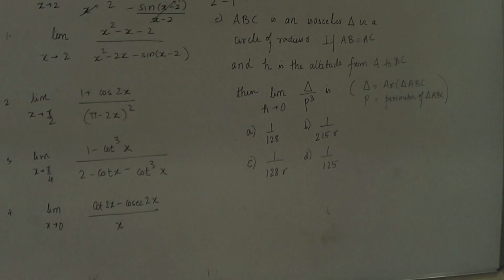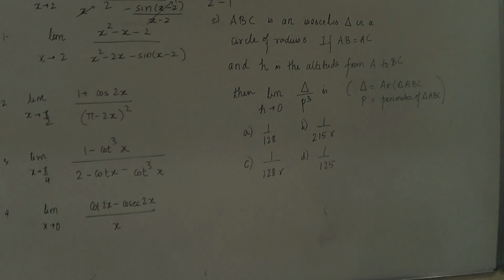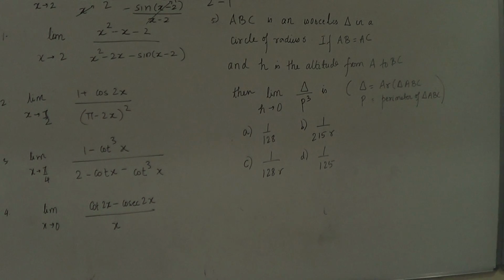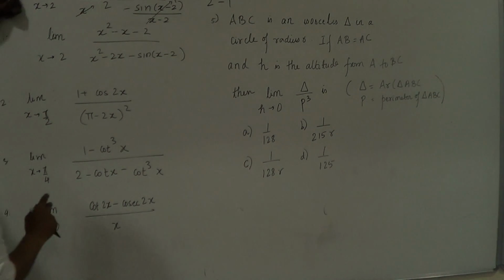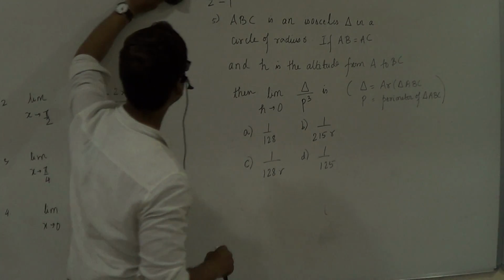Third one's 3 by 4. How do you do that? This is like black magic. Second one should we discuss now? Yeah, so how do you do the third one? He just said second one we discuss.